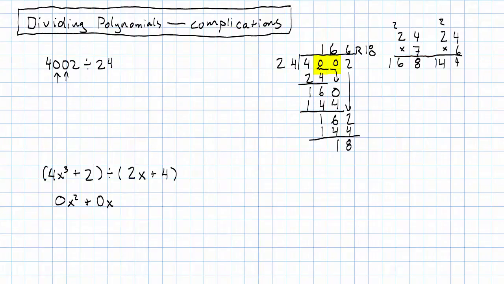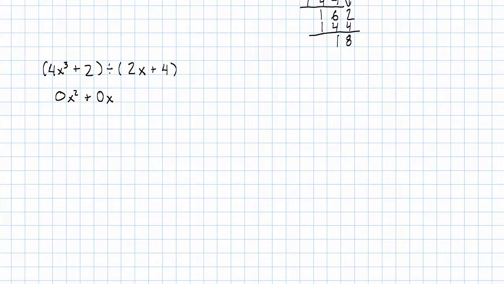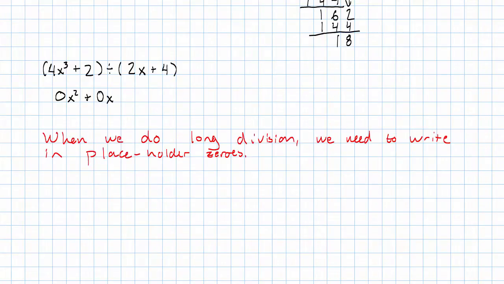When we do long division, we need to write in placeholder zeros. So when we set up our division bracket for this problem, we write our 4x to the third, but then we write a 0x squared and a 0x, and then we actually have a constant, the plus 2.